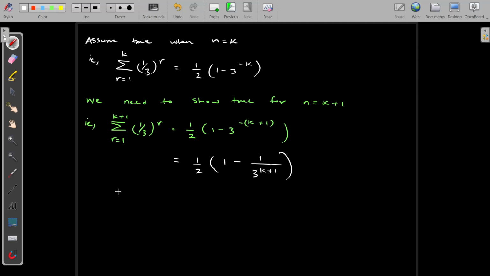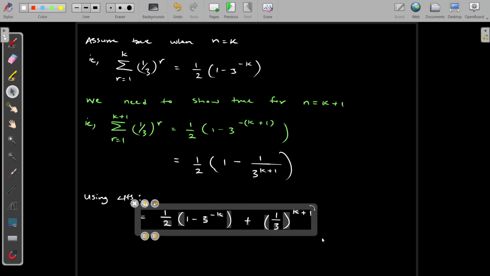So using the left hand side, the sum up to the k term would be this. And the sum of the k plus 1 term, we're simply replacing the r here with k plus 1. Alright, let's see how best we can simplify this.